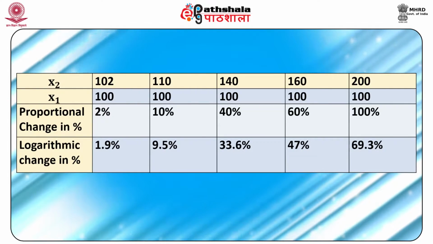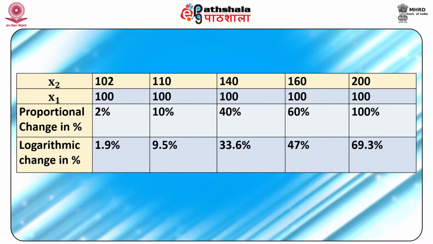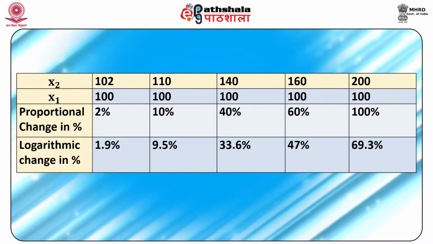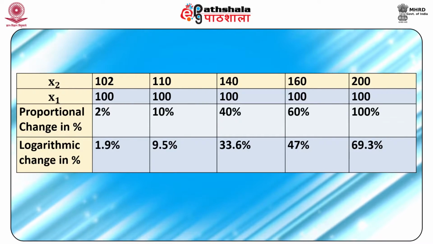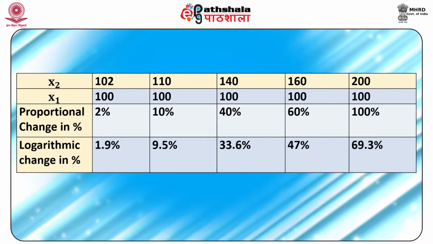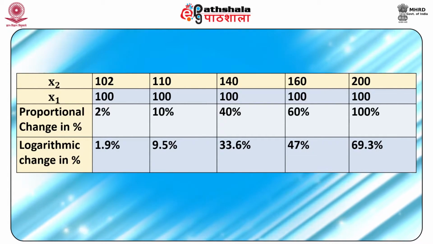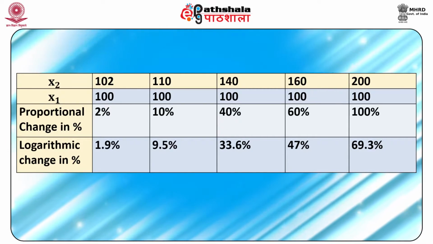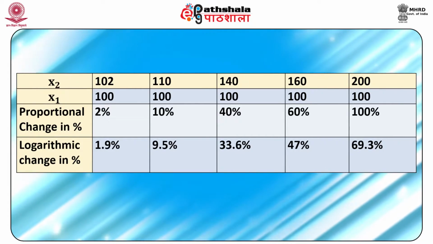Let us in a table try to have examples of proportional change and logarithmic change. Let us presume x2 is equal to 100, 102, 110, 140, 160, 200 and x1 takes the values 100, 100, 100, 100, 100. So the proportional change in percentage is equal to 2%, 10%, 40%, 60% and 100%.